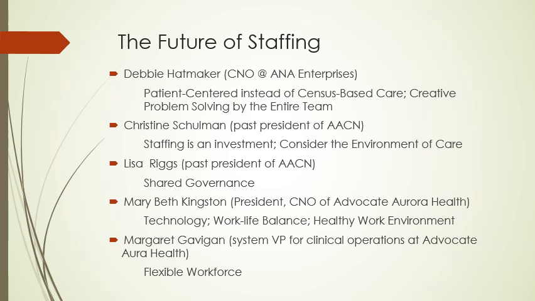Margaret Gavigan, she's the System VP for Clinical Operations at Advocate Aurora Health. She talks about this thing called flexible workforce. And for us, it's kind of like cross-training. But what she's talking about is that across an organization, it should be standardized.